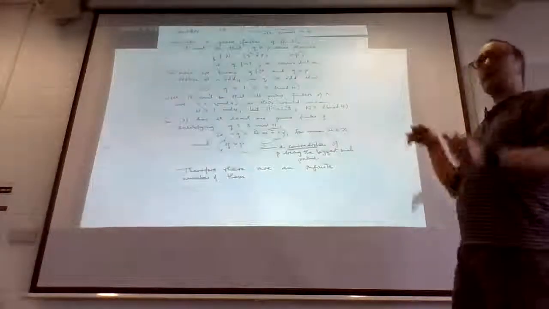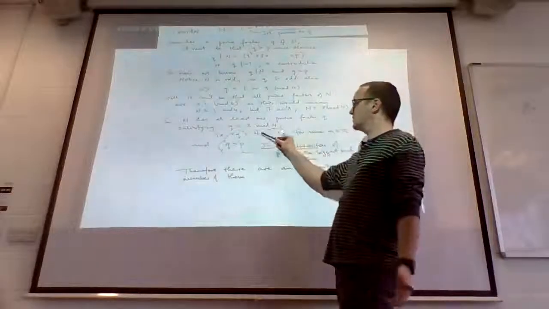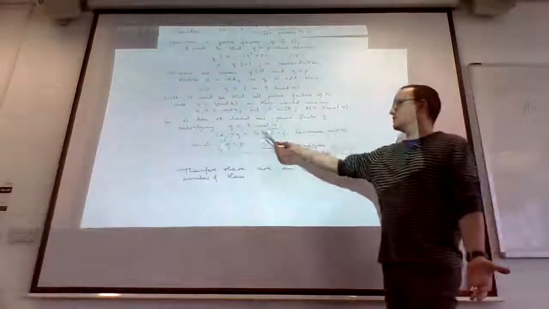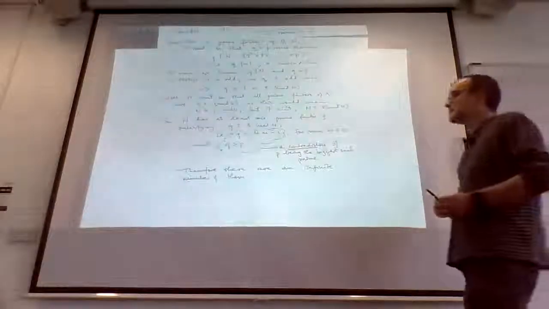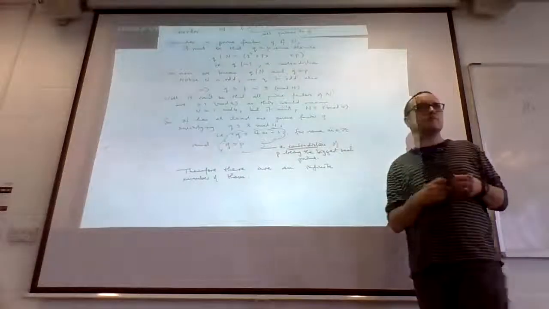So that's an example of an adaptation of Euclid's original proof to a different setting, to looking at a certain arithmetic sequence, not the whole sequence of integers, but the sequence of integers congruent to 3 mod 4, congruent to -1 mod 4, however you like to say it, and proving that there's an infinite number of primes in there.